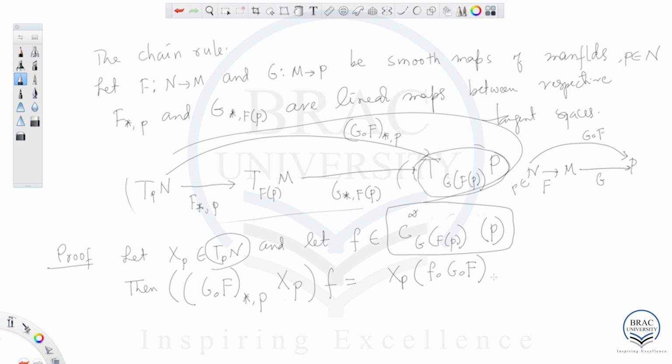This follows from the definition of the differential. This is equation number 10.